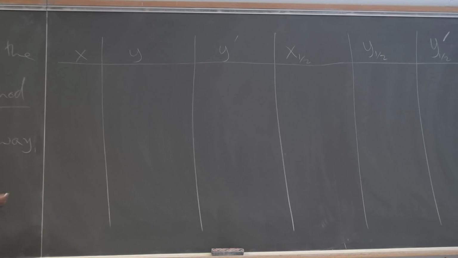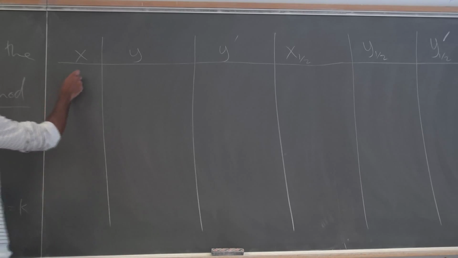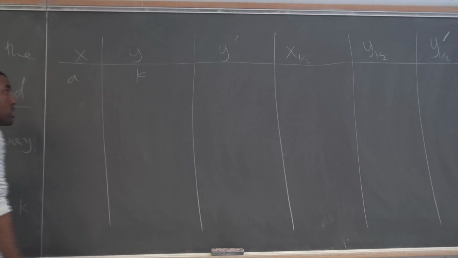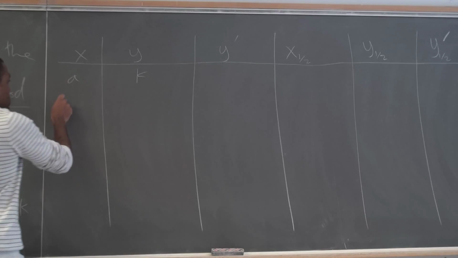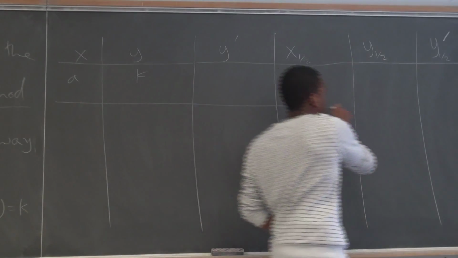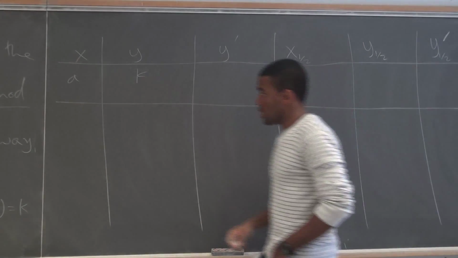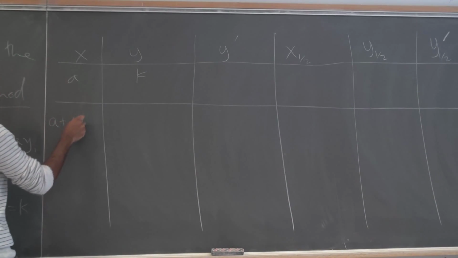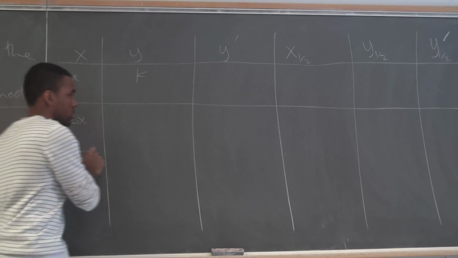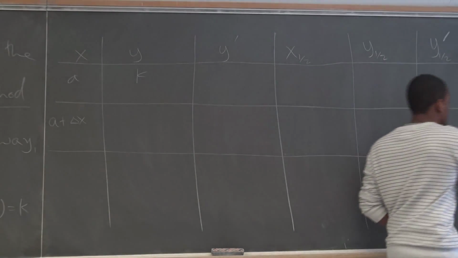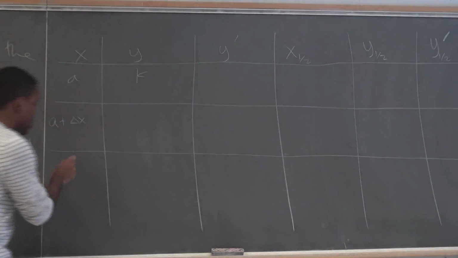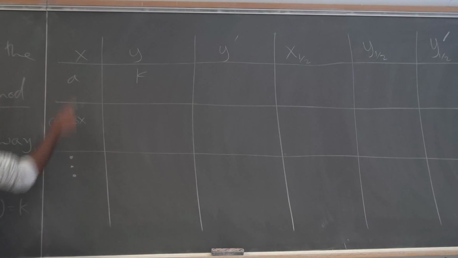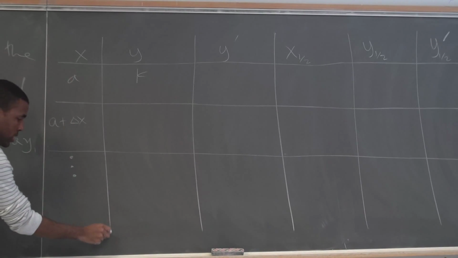Again, we're given an initial condition, y of a equals k, and we start out the same way, a, k. Then we do a plus delta x, and you continue this process; how we figure out the x values won't change.